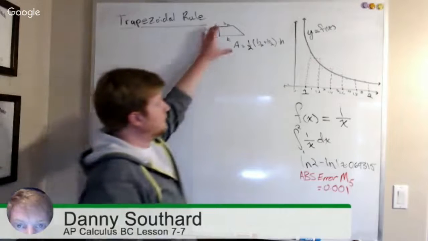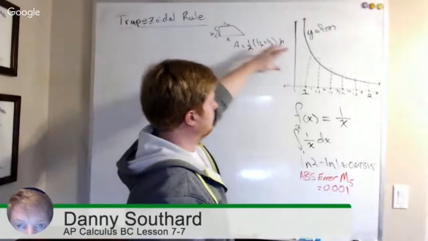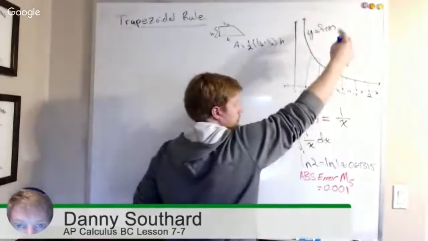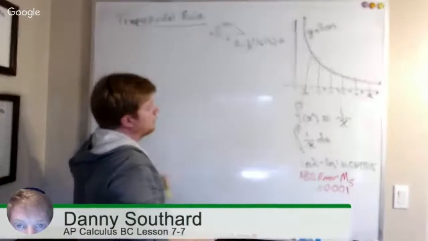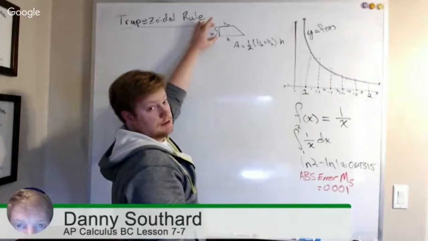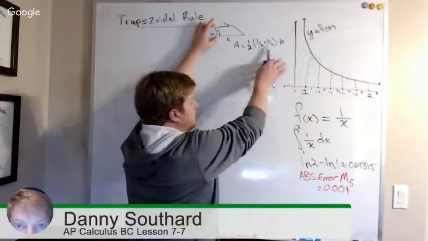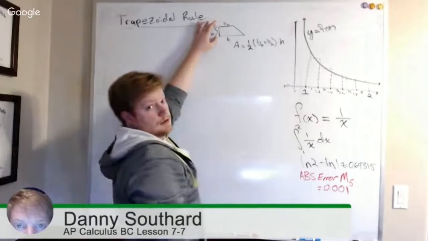So how do we translate that to what's going on over here? Well, first of all, these trapezoids are turned up this way so that the parallel sides are these. Okay. Which makes my height dx. Okay. And the bases are just the values of the function. Okay.